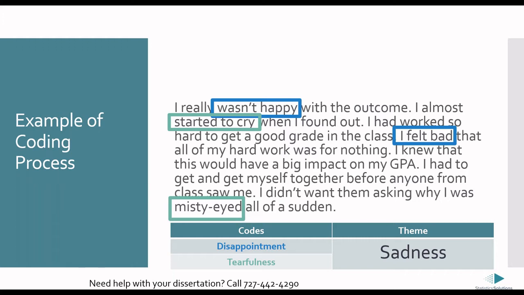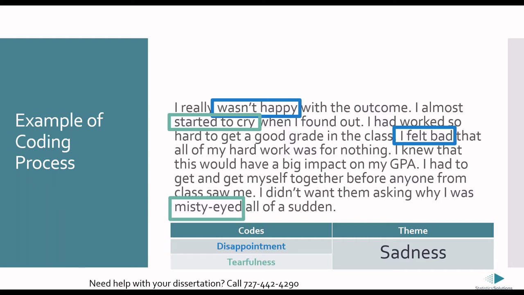And then as we continue and, like I said, start to build up these larger categories from these codes, we look at what these two codes might have in common, disappointment and tearfulness. And so maybe the theme that incorporates these codes is sadness.